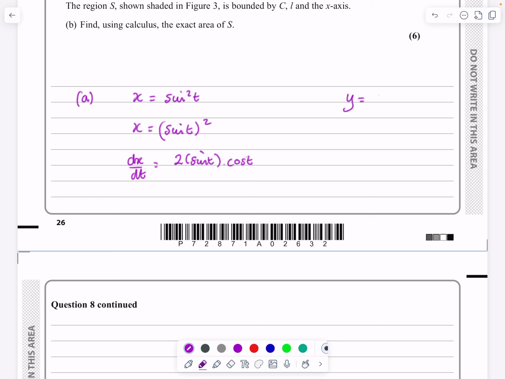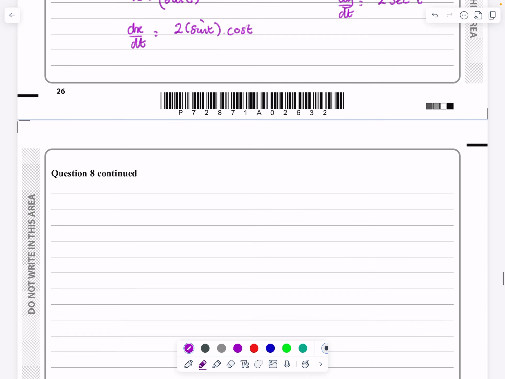Y we had as being 2 tan t, and then in order to find dy by dt, the differential of tan is sec squared. So that's just 2 sec squared t. And so I want dy by dx, which is going to be dy by dt. And I always remember this for the parametrics. It's multiplied by dt by dx, not dx by dt.